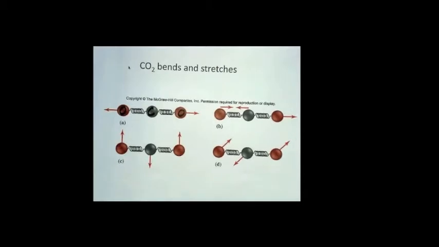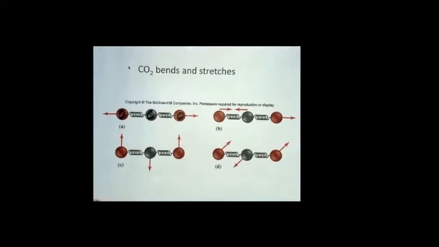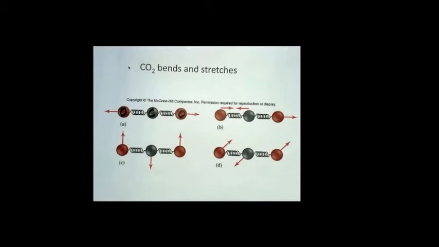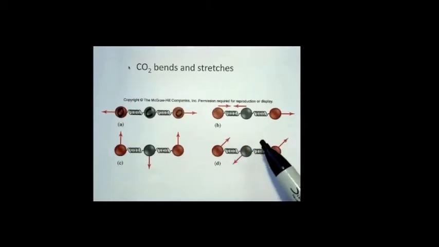And atoms that are involved in covalent bonds in molecules can undergo stretches. And depending on the number of atoms in a molecule, they may also be able to undergo a bend. Molecules that have just 2 atoms are only capable of undergoing stretching. Molecules that have more than 2 atoms are capable of undergoing various stretching and bending.